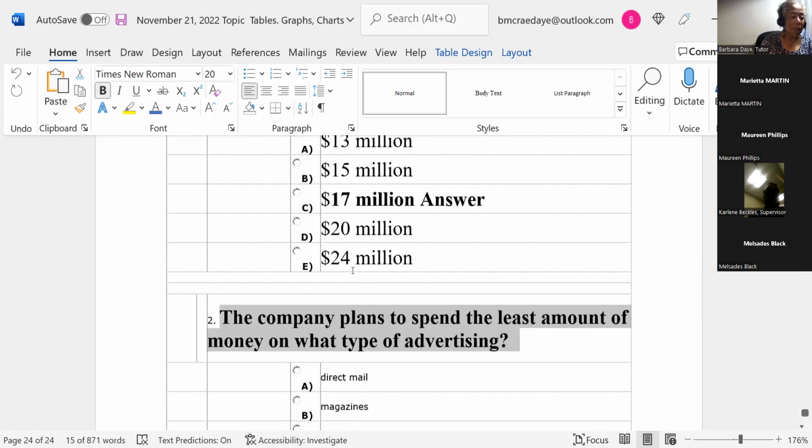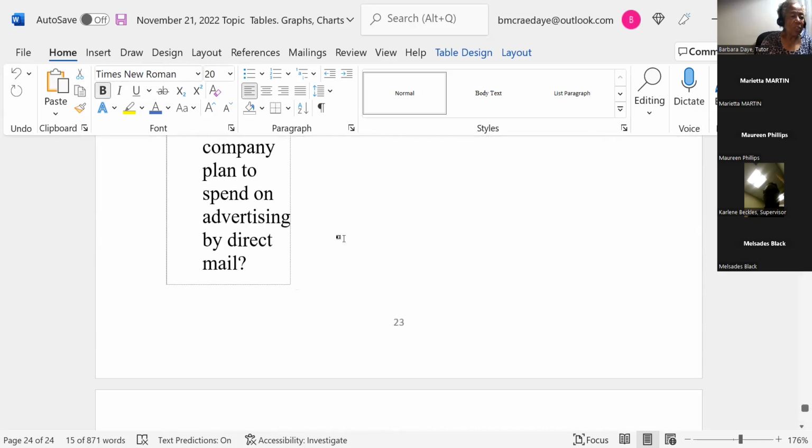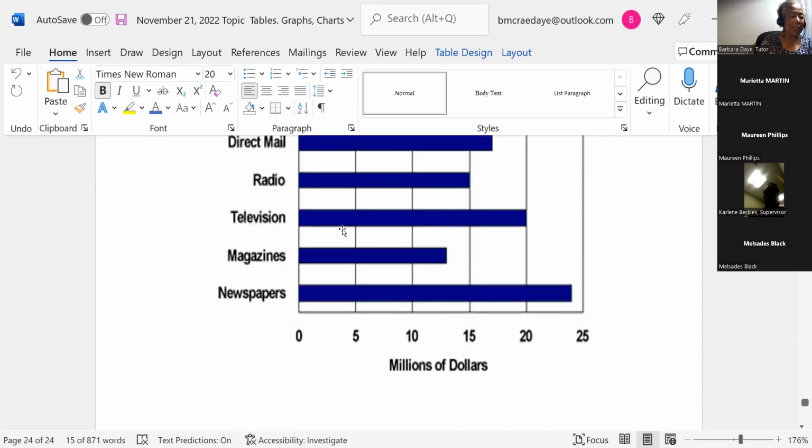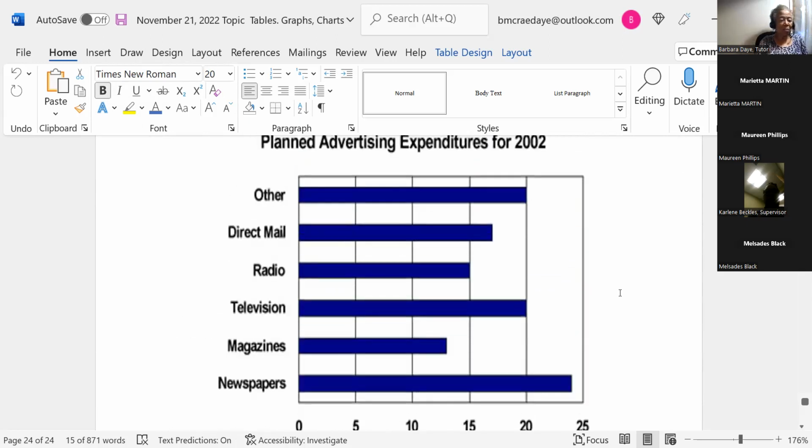Okay, so look at the graph. So where does it plan to spend the less money? Which bar is the smallest there? Magazines. Marietta, you agree? Yeah, because that's the smallest right here, between 10 and 15.